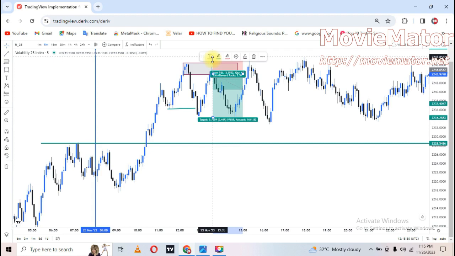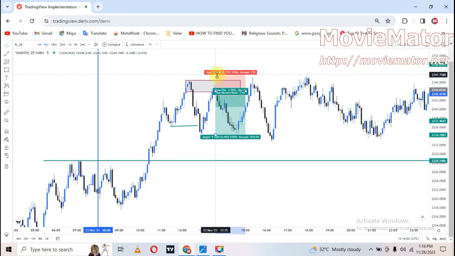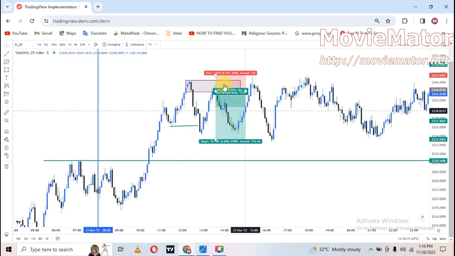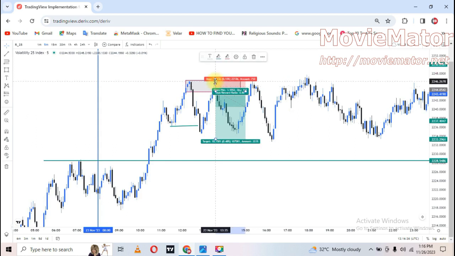But if it was a bit wider like this, don't forget the RR is always 1:3, then boom, this could have been a winning trade for those that use a wider stop loss.